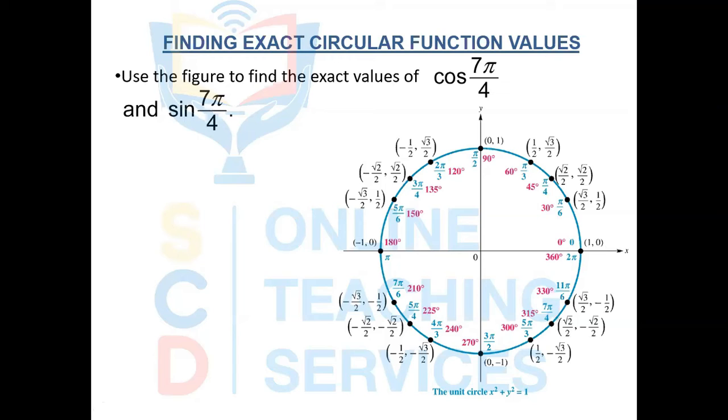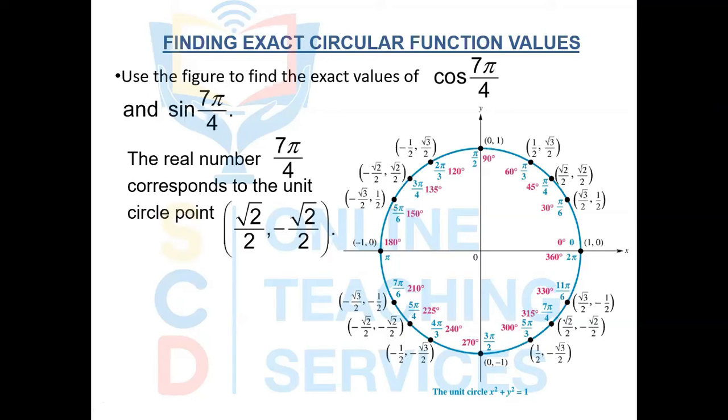Okay, correct. So you notice that the value of our x is square root of 2 all over 2, and the value of our y is negative square root of 2 all over 2, right? Yes. Okay. Now, the real number 7 pi all over 4 corresponds to the unit circle point square root of 2 all over 2 and negative square root of 2 all over 2.